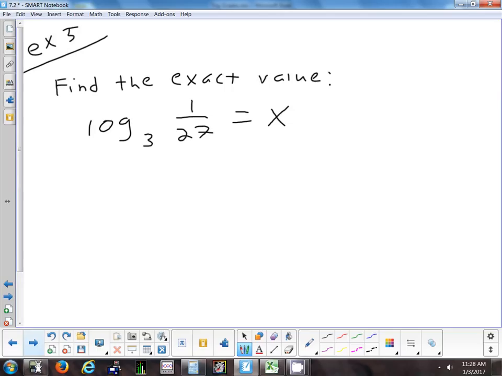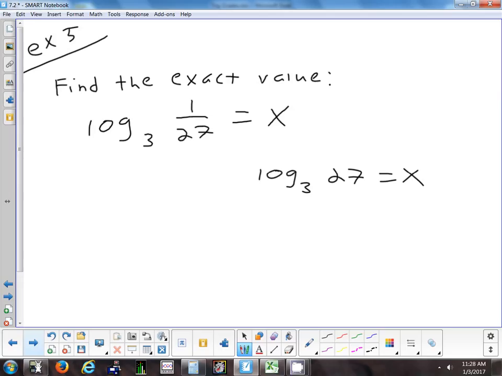All right, so whenever you have an argument that's a fraction, something is going to happen when you get the answer. So what I want to do for a second is pretend that we were solving this problem.